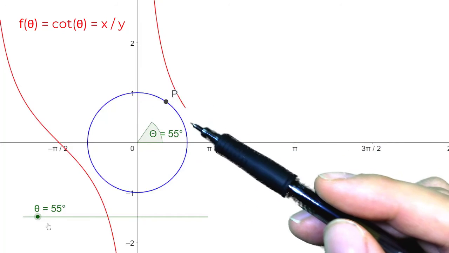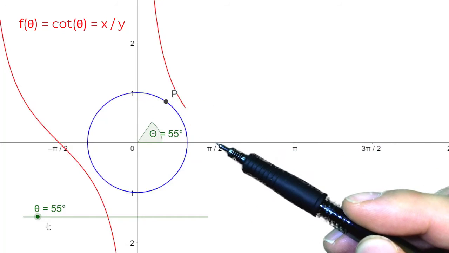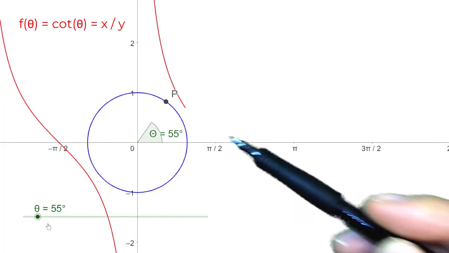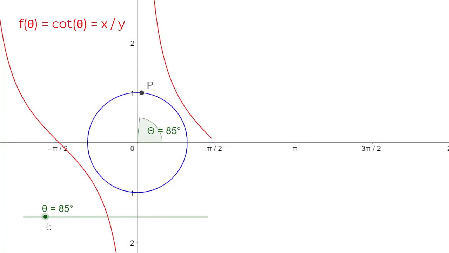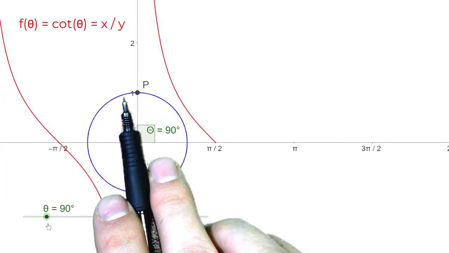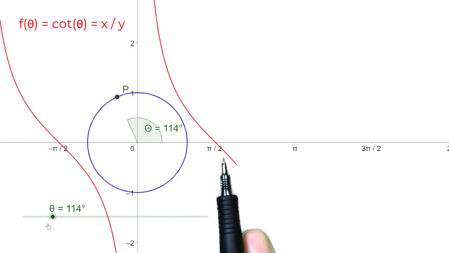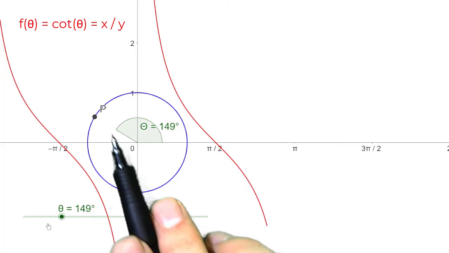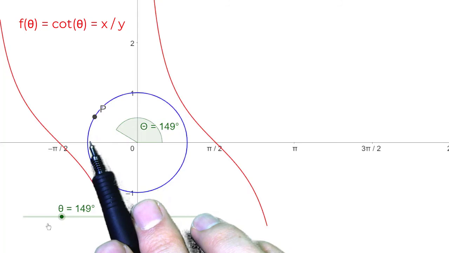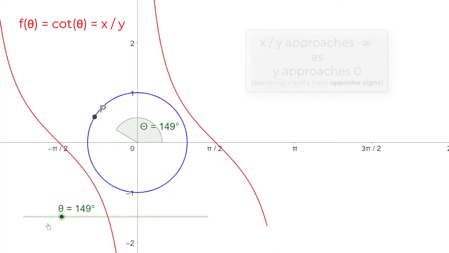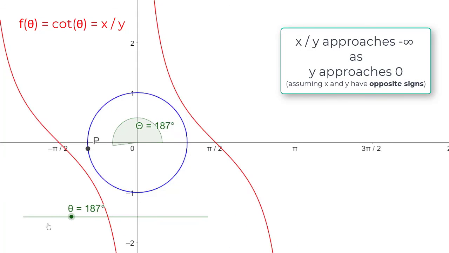So this line should come down to 0 by the time we get to 90 degrees, or pi over 2 radians. And there it goes. When we pass that, now the x-coordinate becomes negative, while the y-coordinate remains positive, so the graph becomes negative. And as the y-coordinate drops back down to 0, the graph has to go to negative infinity. And as we keep going around, we see this pattern repeat.